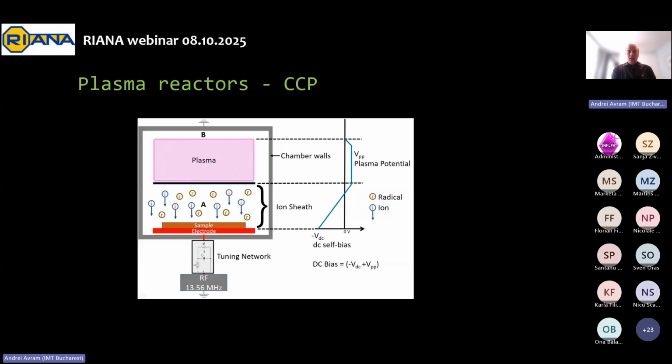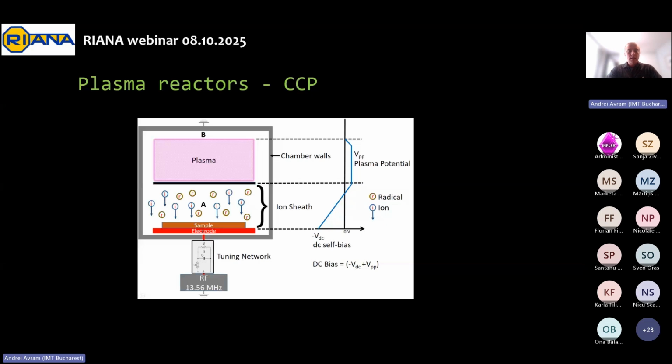It is negatively biased because we want to also use the positively charged ions inside the plasma.